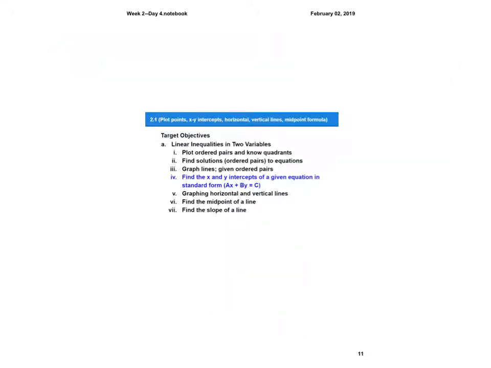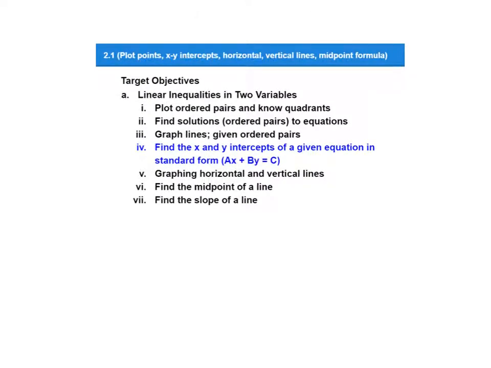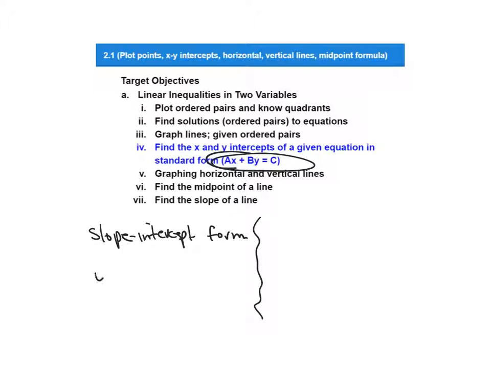Next, we're going to look at x and y intercepts given the standard form equation, and that's a big one right there. That you've got slope-intercept form, and that's your y equals m times x plus b, and then you also have your standard form, and that's your ax plus by equals c.